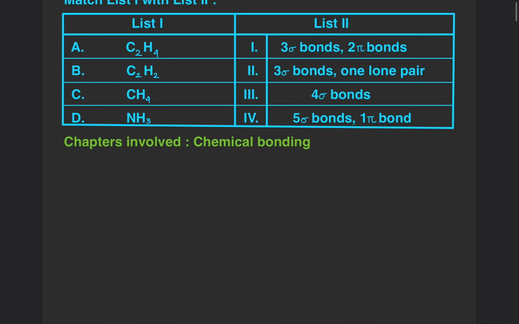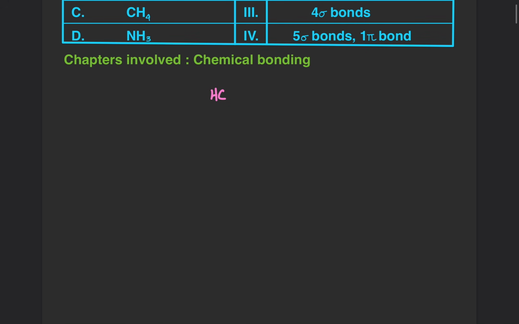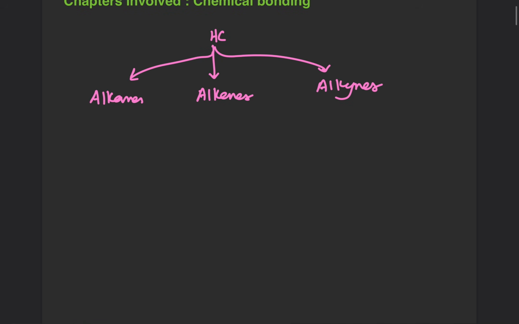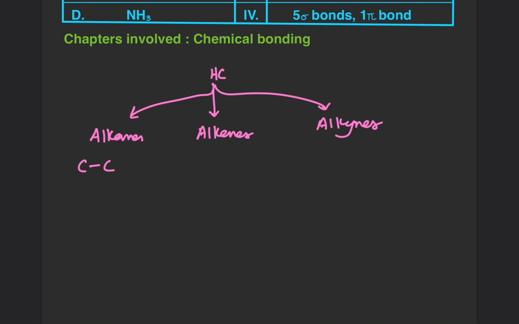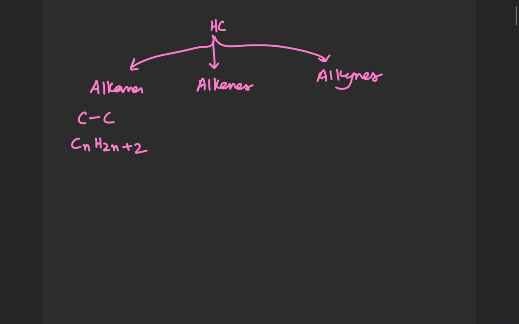So we should know that hydrocarbons are organic compounds which consist of only carbon and hydrogen. And one way of classifying them is into alkanes, alkenes and alkynes. Okay. So alkanes consist of C-C single bonds and they have the general formula CnH2n+2.